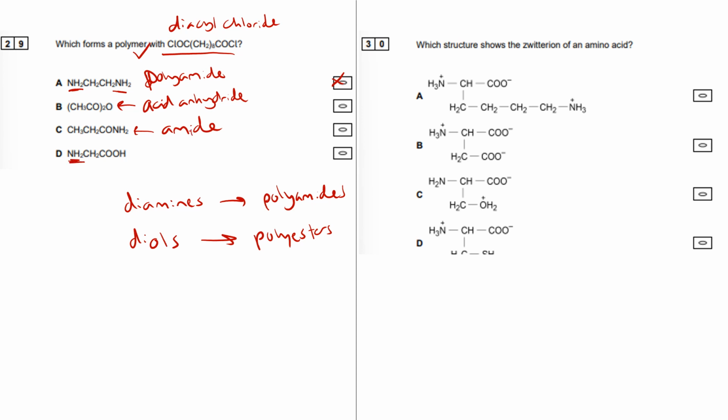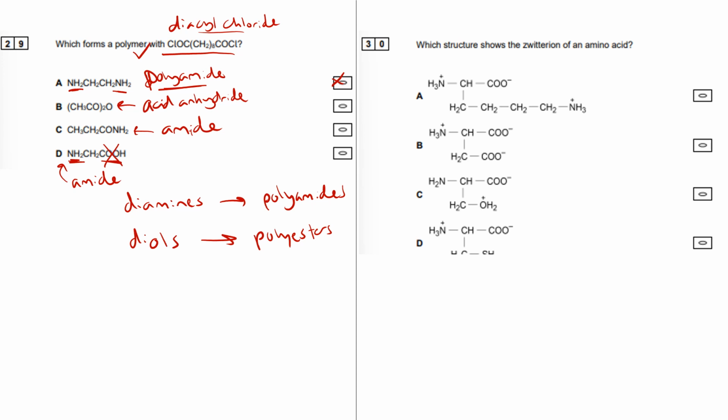And D has an amine group and a carboxylic acid group. The carboxylic acid group will not react, but the amine group will. So D is in fact an amino acid. You will get a reaction, but it won't form a polymer. It will just form an amide instead. Again, A is the only one that's going to form a polymer with a diacyl chloride.